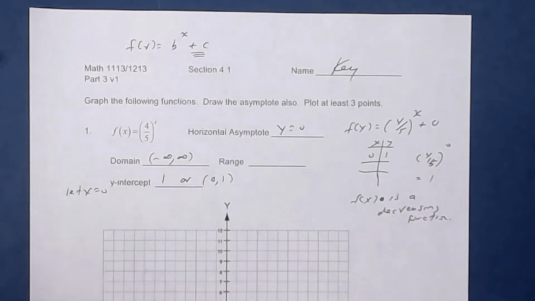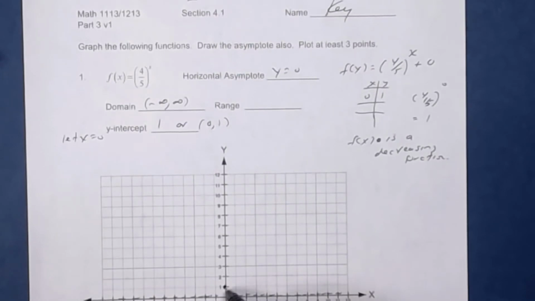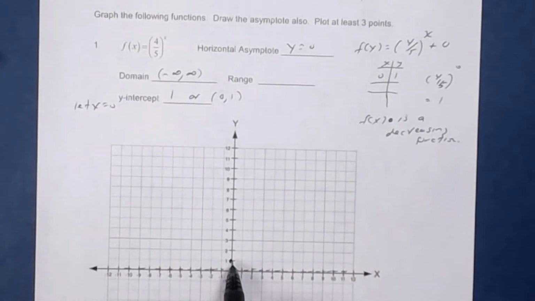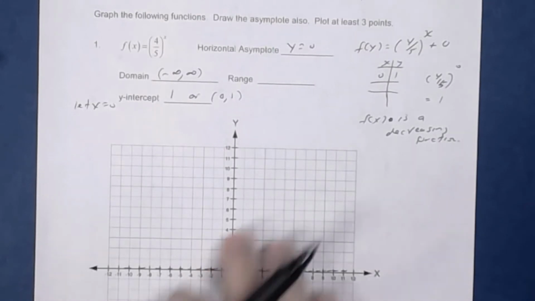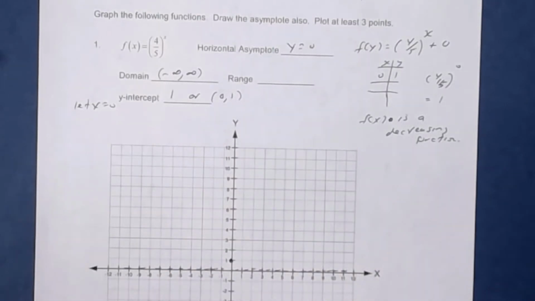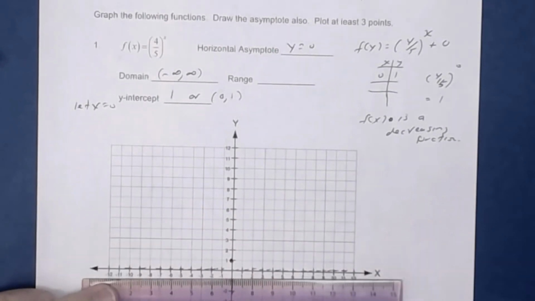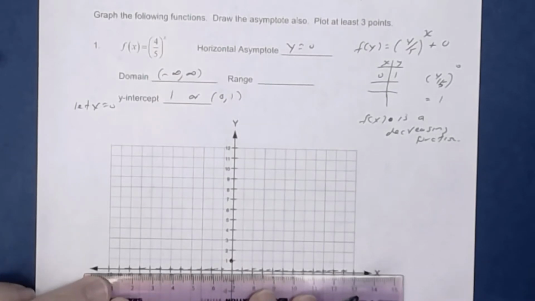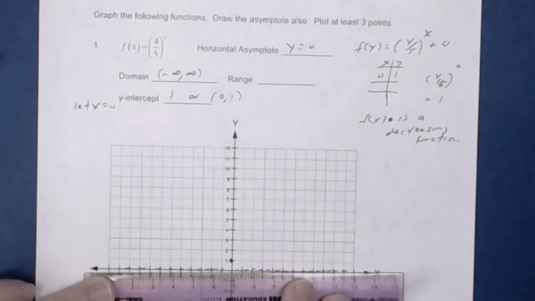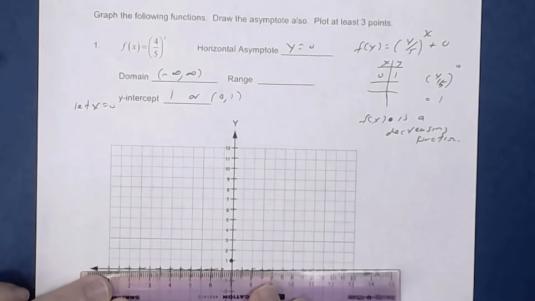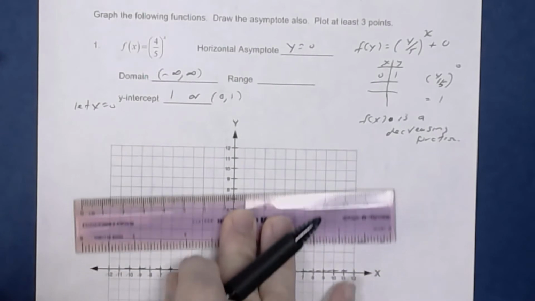So let's go ahead and plot (0, 1). Once I know where the y-intercept is, I can see that the graph is going to be above the horizontal asymptote, right? At that point I can determine what the range is, because the graph is above the horizontal asymptote and approaches it but never touches it, and the horizontal asymptote is y equals 0 here, so I'm going to say 0 to infinity.